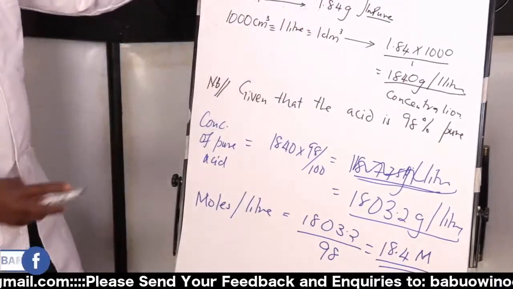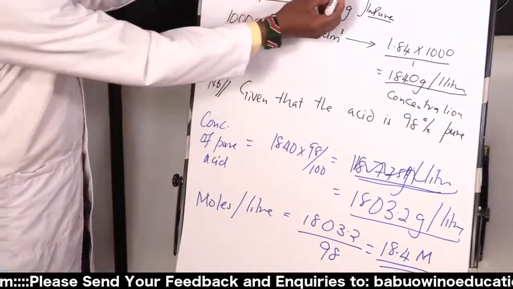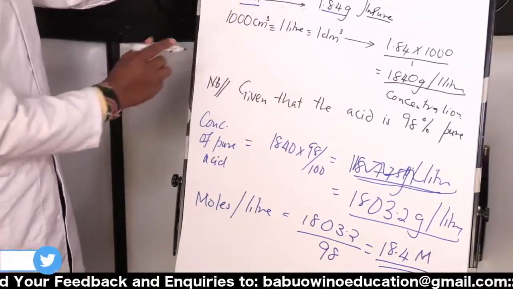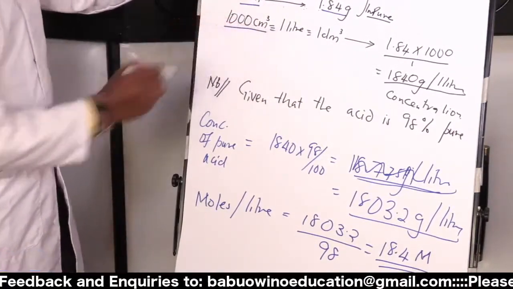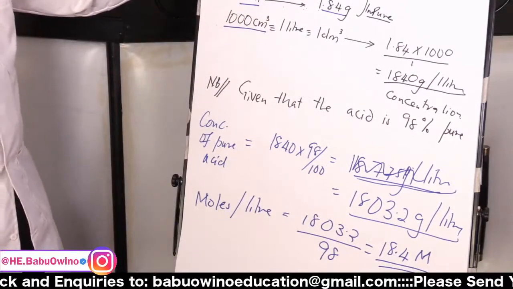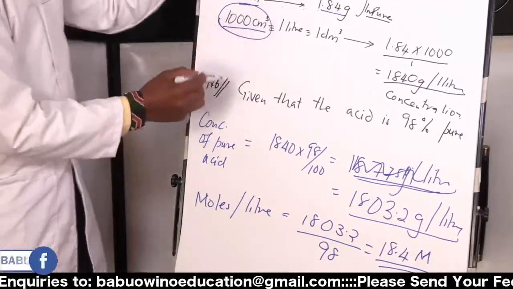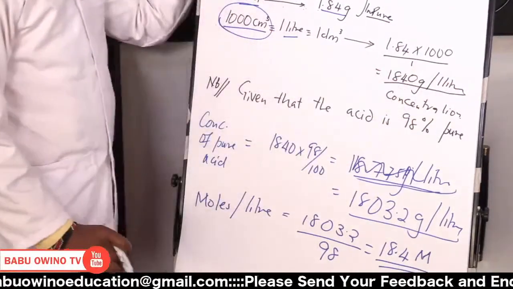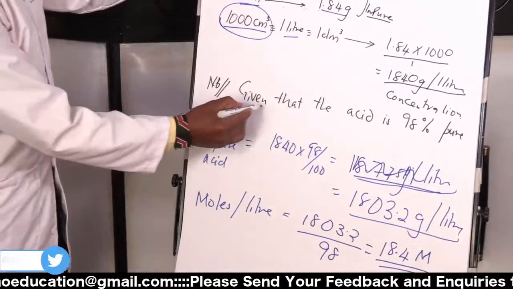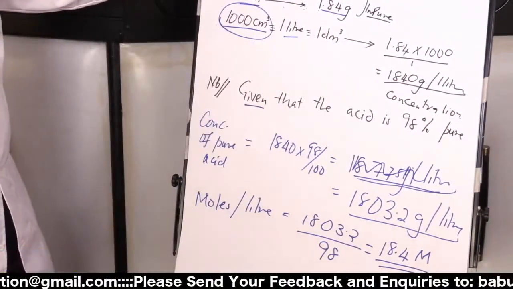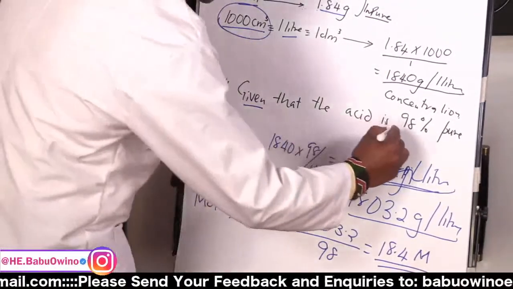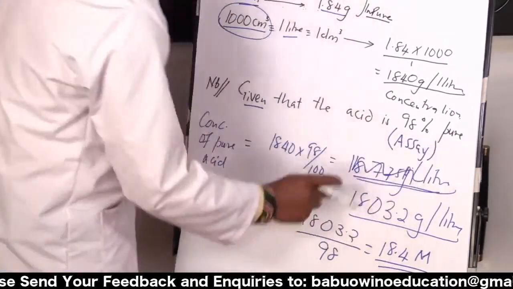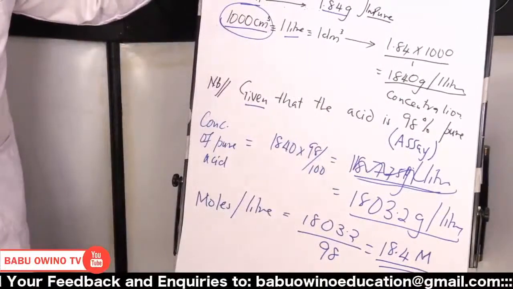That density tells us it is grams per centimeter cubed. That tells us we can work out in centimeters cubed, which is in 1,000, which is 1 liter. So we are going to get 1840. Now if we know the percentage purity, which will be written on the acid label, the acid will be given as something like 98%.